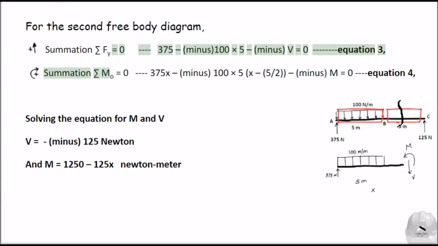Summation M O equals 0: 375x minus 100 times 5 times (x minus 5/2) minus M equals 0, equation 4. Solving the equations for M and V, V equals minus 125 Newton and M equals 1250 minus 125x Newton meter.